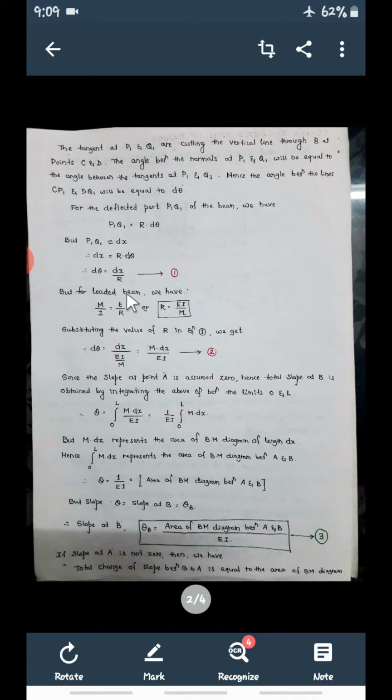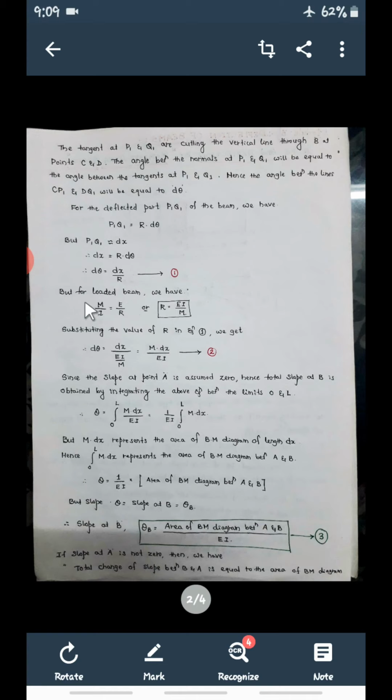But for a loaded beam, we have one more equation, which you have already studied in the previous semester in strength of materials. This is called the bending equation: M by I equal to E by R. M is the bending moment, I is the moment of inertia, E is the Young's modulus of elasticity for the material, and R is the radius of curvature.